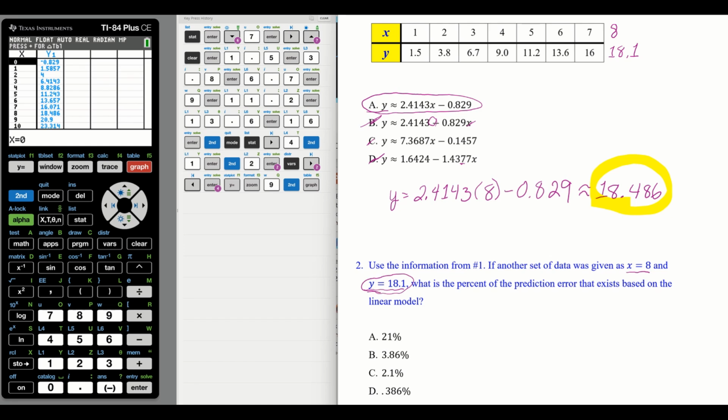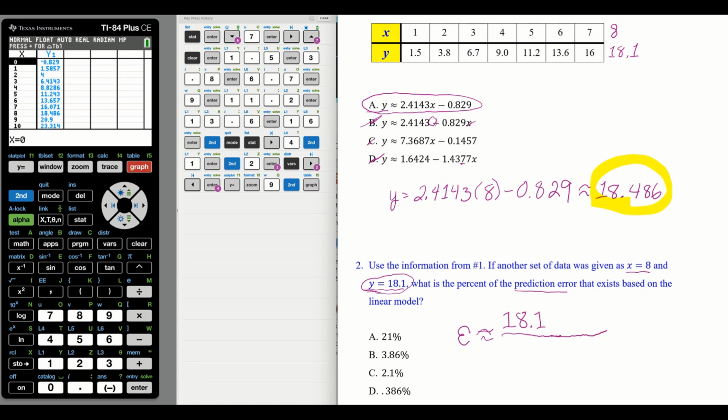So if we want to calculate that error, and I'm going to use the E for error, that would be my error percentage. It's asking what percent of prediction error. What do we want? I know you don't remember from above, we want to get the new data. And remember, it's absolute value.